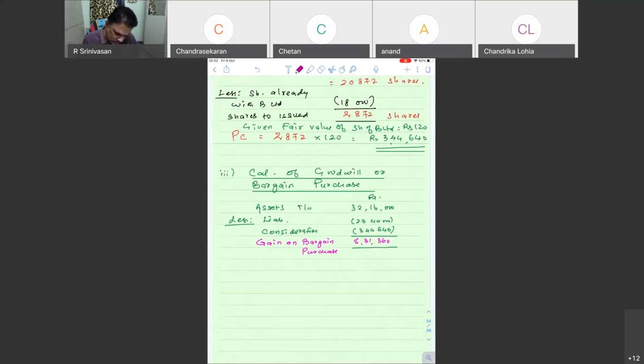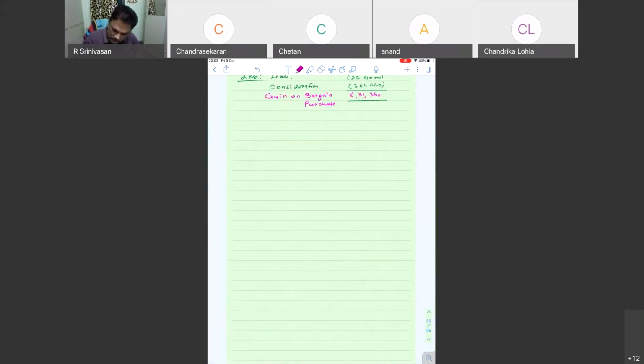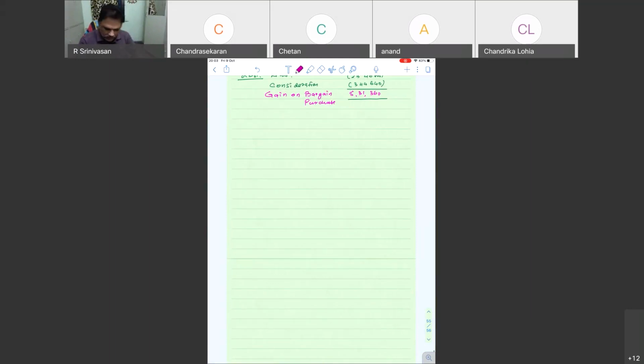So these are all the things we are supposed to do here. This problem is to be approached a little differently. I'll tell you how we have to approach it. For the number of shares, we need to find out the cross voting.